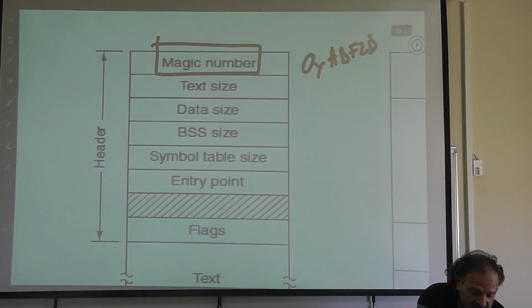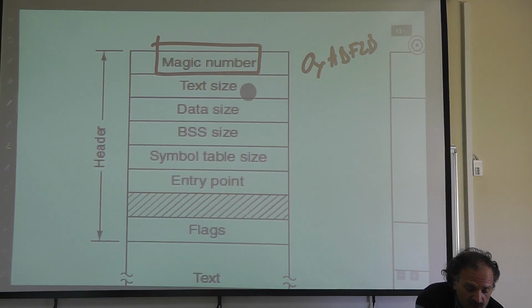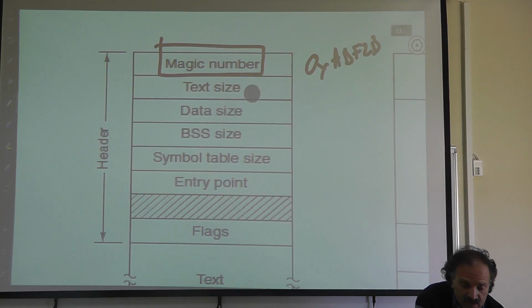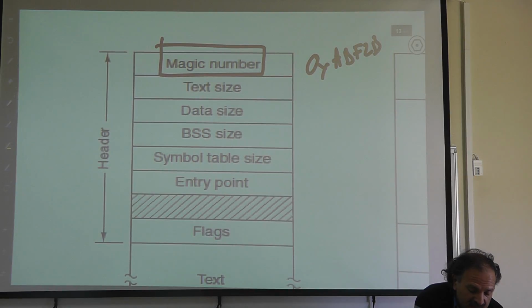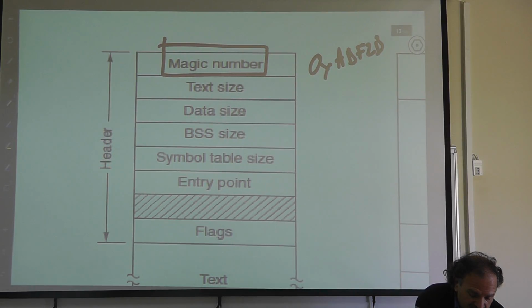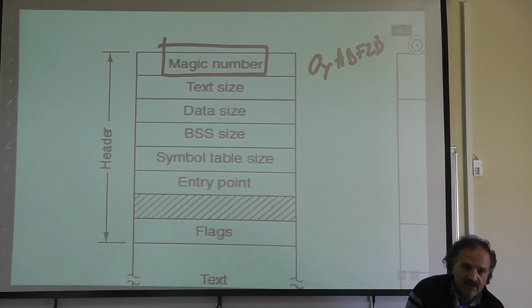Then we have the text size. What is text size? Size of the executable code, because this is an executable file. And we have the data size, and we have our stack size, our symbol table size, and this is our entry point. What is entry point?